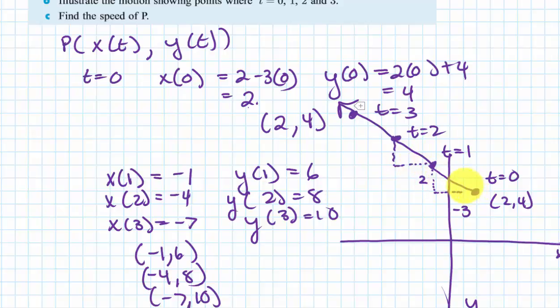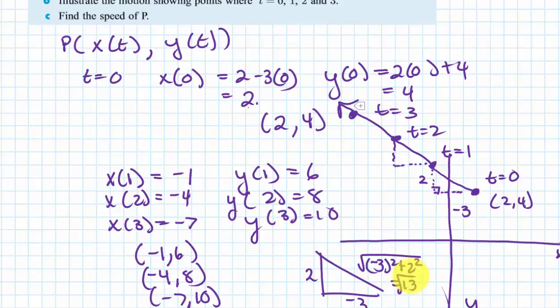So if we want to find basically the hypotenuse, we take that and make it a little bit bigger. We can say that this is the square root of (-3) squared plus 2 squared, which is root 13. And we're told that this is meters per second. That's how we find our speed of the particle.